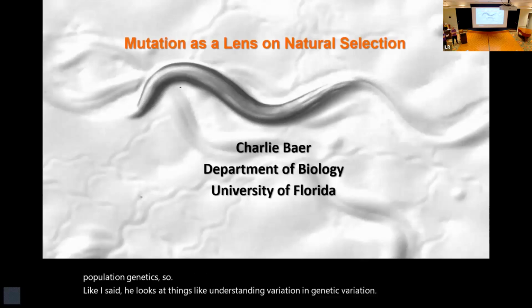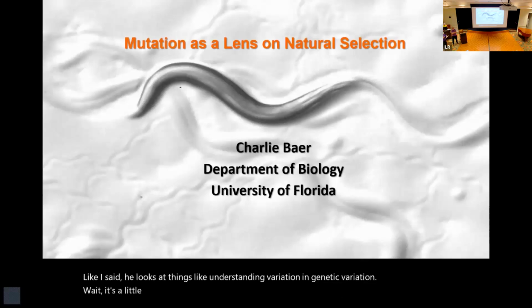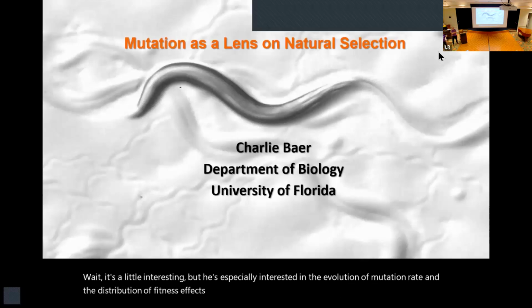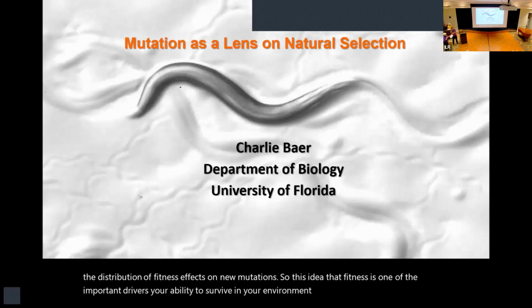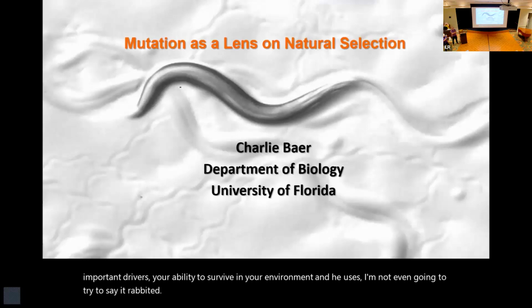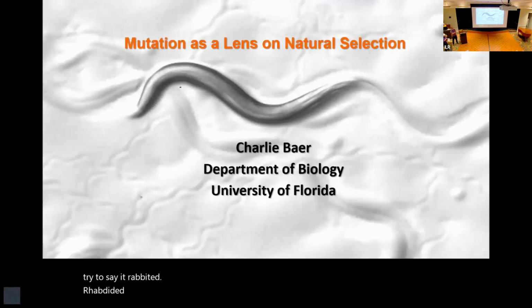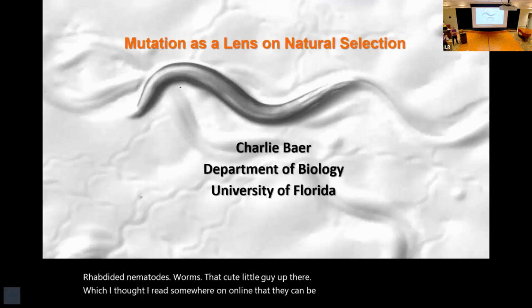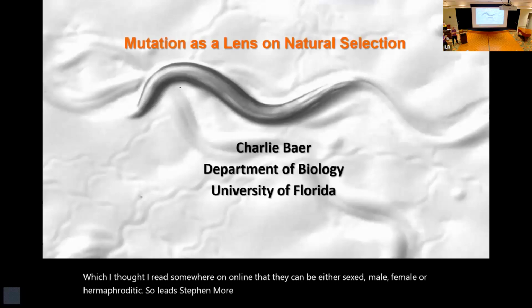But he's especially interested in the evolution of mutation rate and the distribution of fitness effects of new mutations. So this idea that fitness is one of the important drivers, your ability to survive in your environment. And he uses rhabditid nematodes, worms, that cute little guy up there, which I thought I read somewhere online that they can be either male, female, or hermaphroditic. So that leads to even more interesting combinations of things.